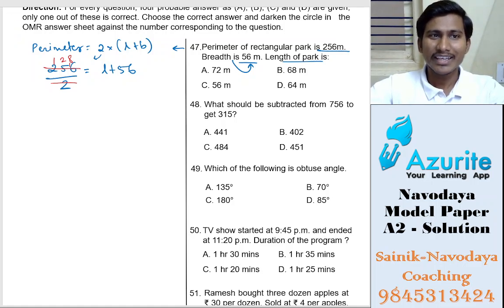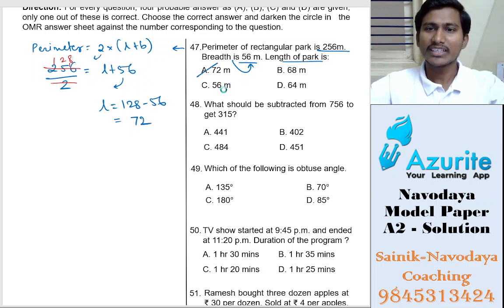Now to find the length, we have to subtract 56. If you take it to the other side, plus will become minus. So length is equal to 128 minus 56. The answer is 72, option A.